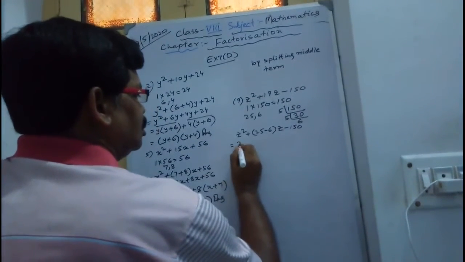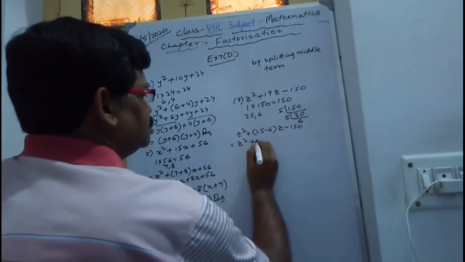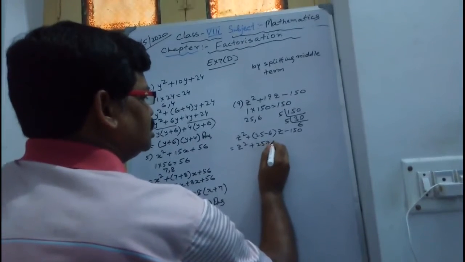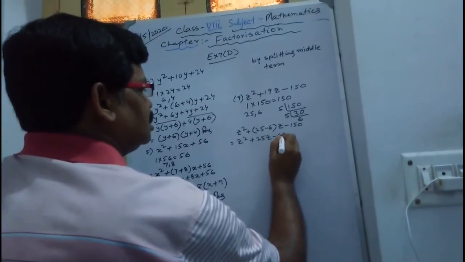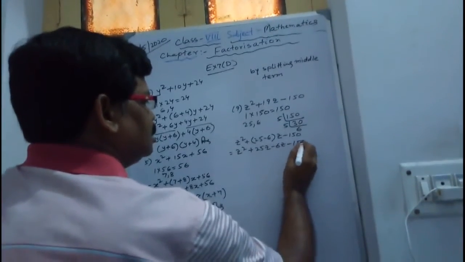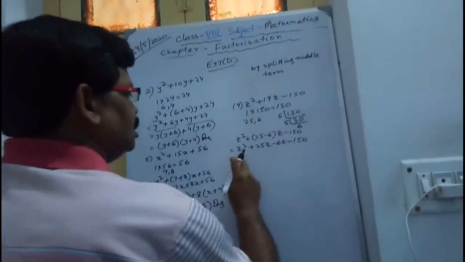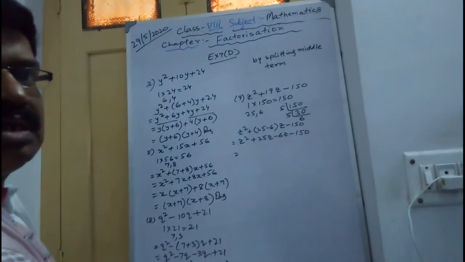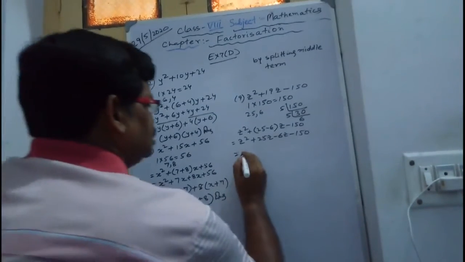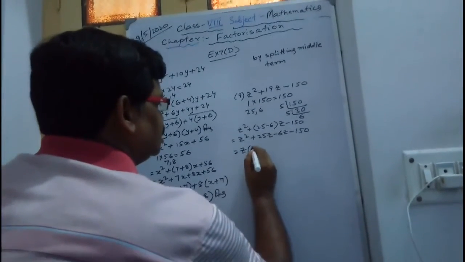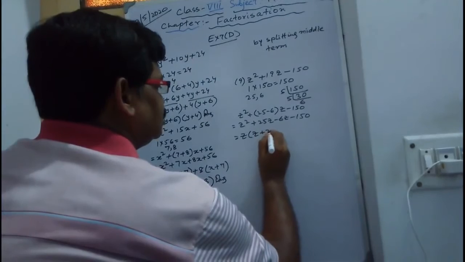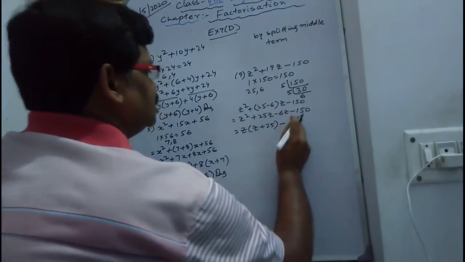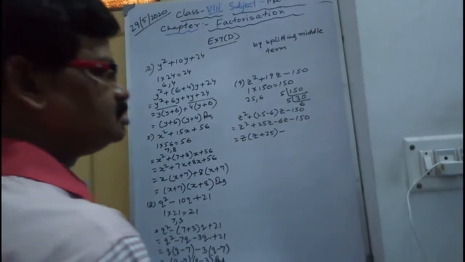Now open the bracket: 25z minus 6z minus 150. Now from these two, only z is the HCF, so z plus 25 minus 6.